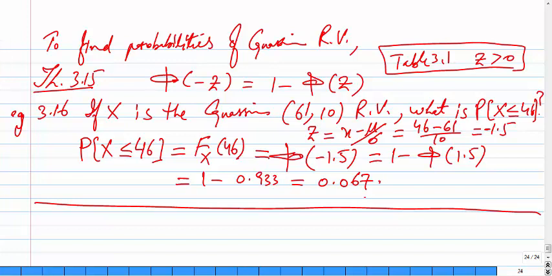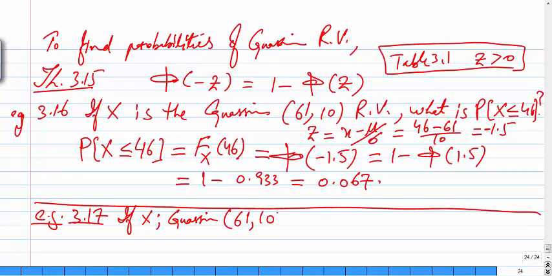Now let's do another example, example 3.17, so we further learn how we do that. So if x is a Gaussian, again with the same 61 and 10. Okay. Now the question is, what is the probability that 51 is less than x is less than or equal to 71?